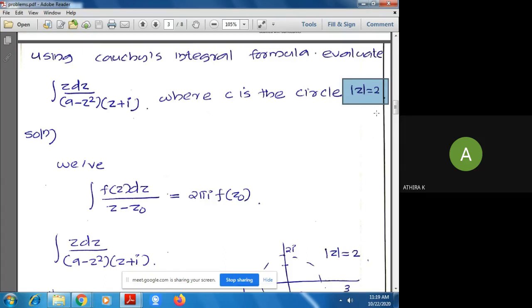Not the unit circle, mod z is equal to 2.